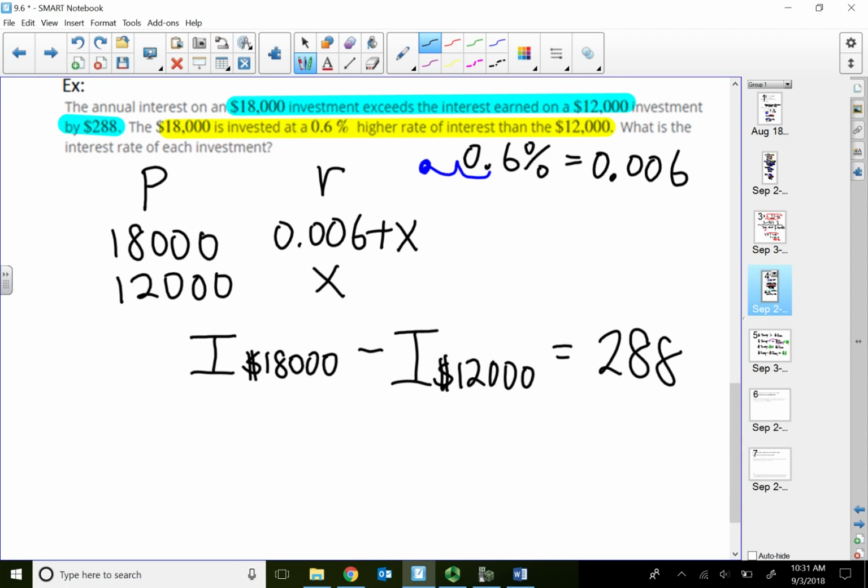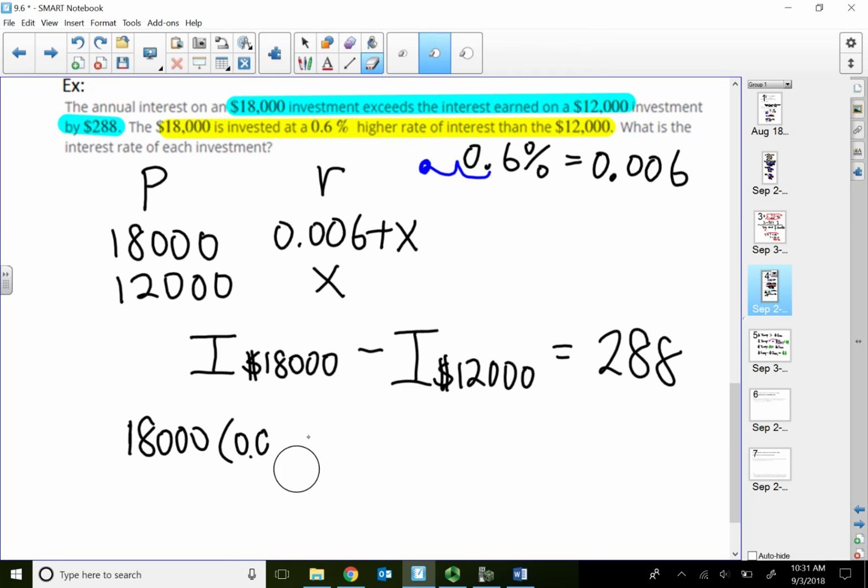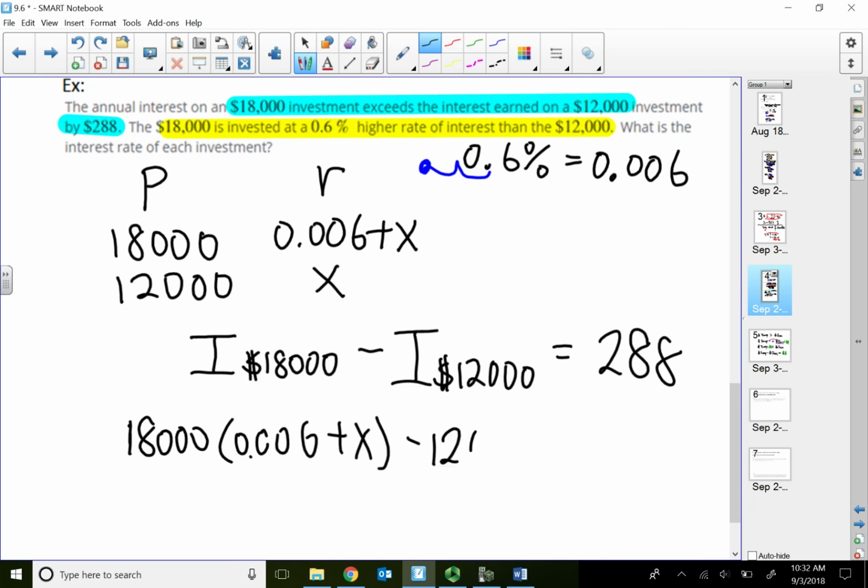Let's go ahead and write out my actual problem out here. Principal times the rate for the 18,000, so that's 18,000 times 0.006 plus x, minus the interest earned from the 12,000, which is 12,000 times x, equal to 288.